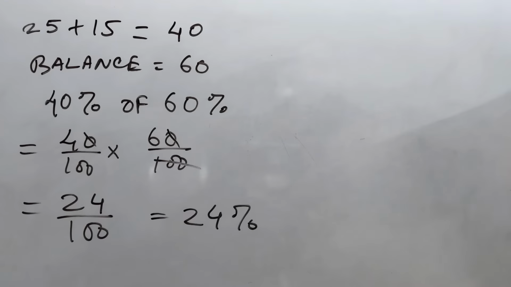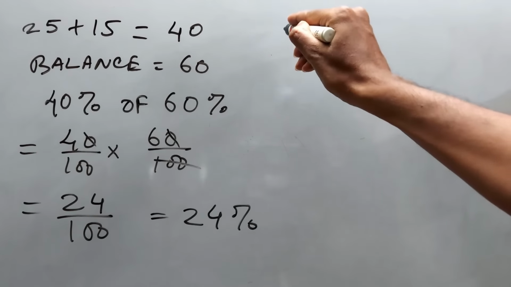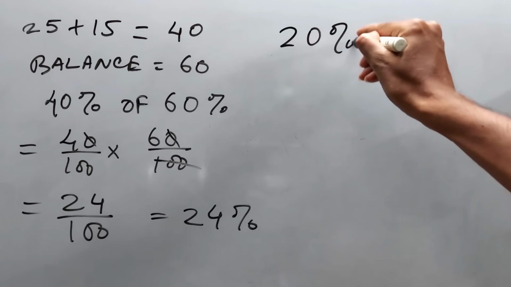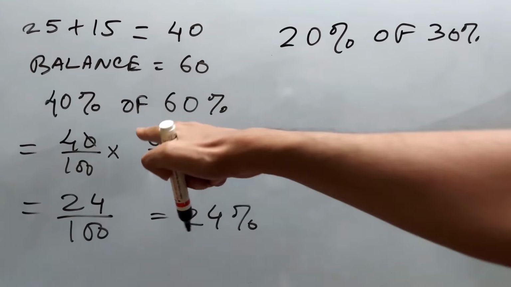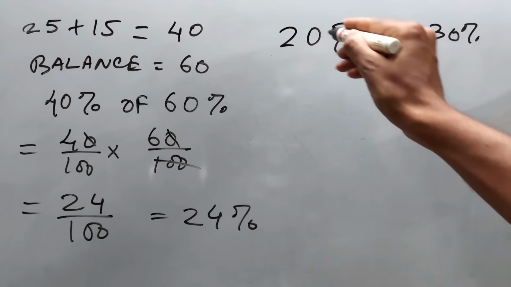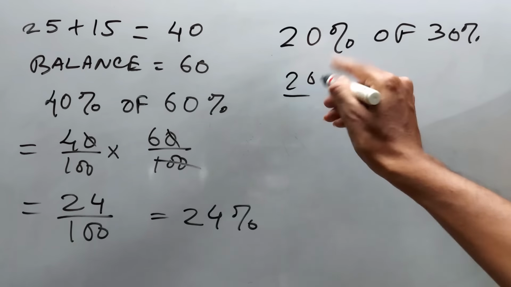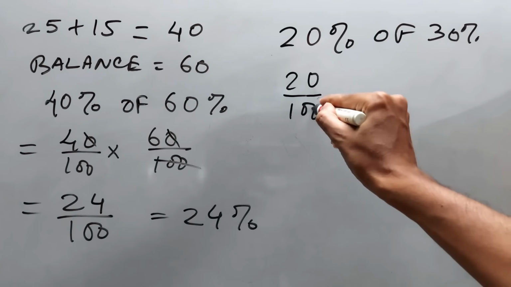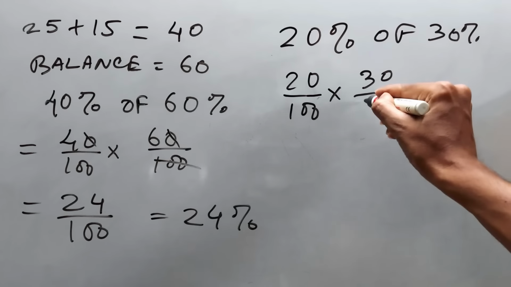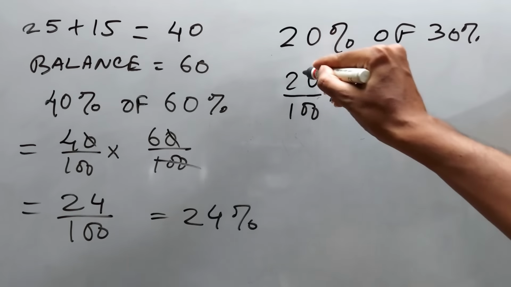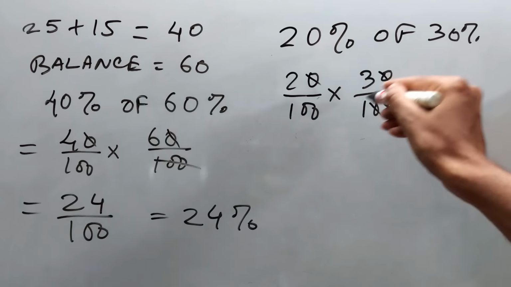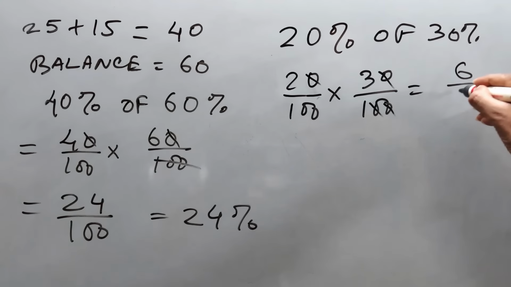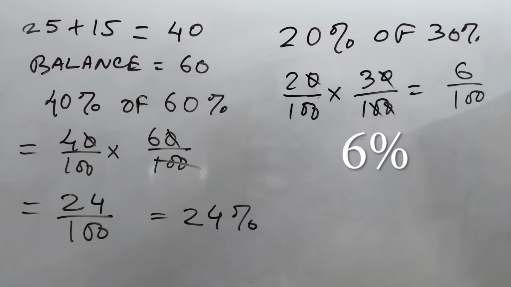Tricks time. Whenever you get this type of things like 20% of 30%, something similar to this. Easy. 20 by 100 into 30 by 100, right? And just remove 100. That means 2 into 3 is 6. 6 by 100, that means 6%.